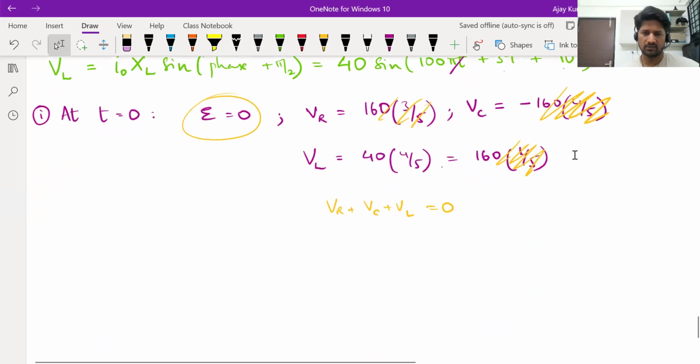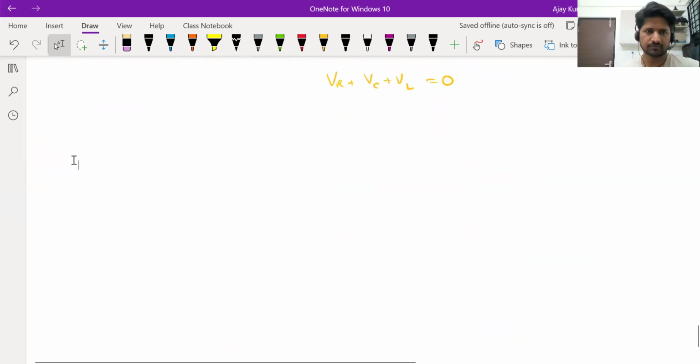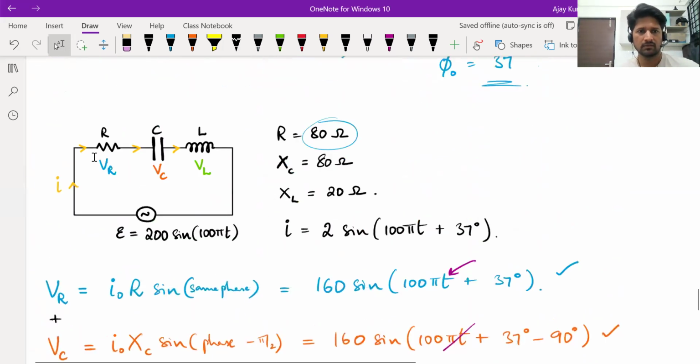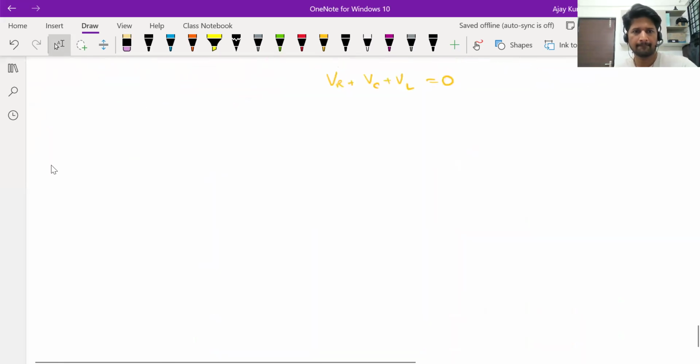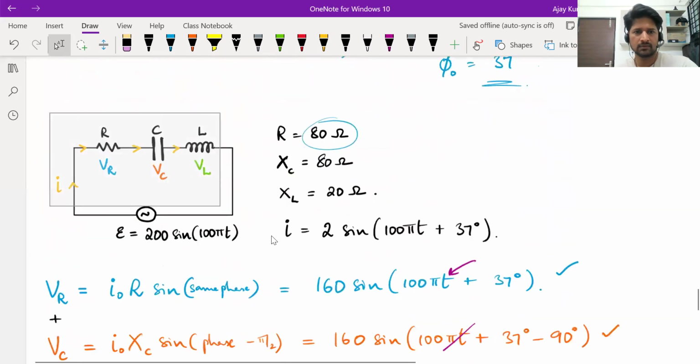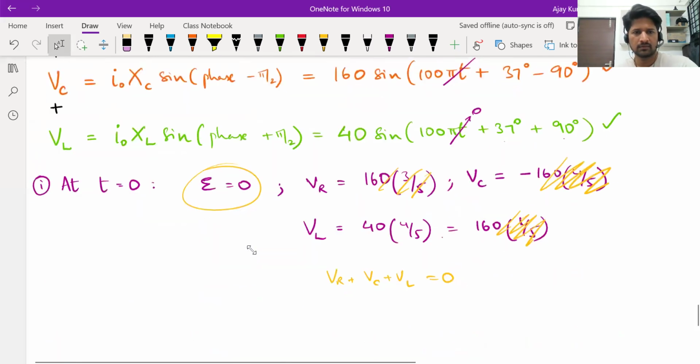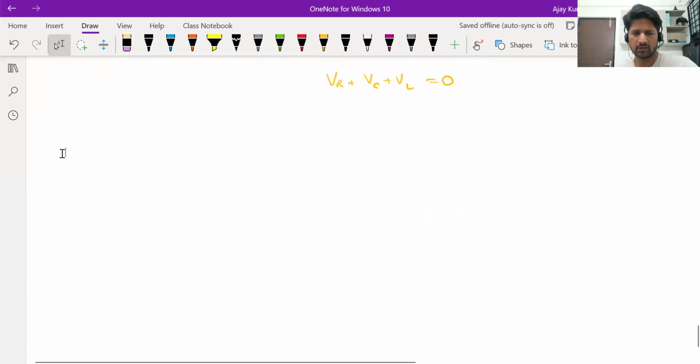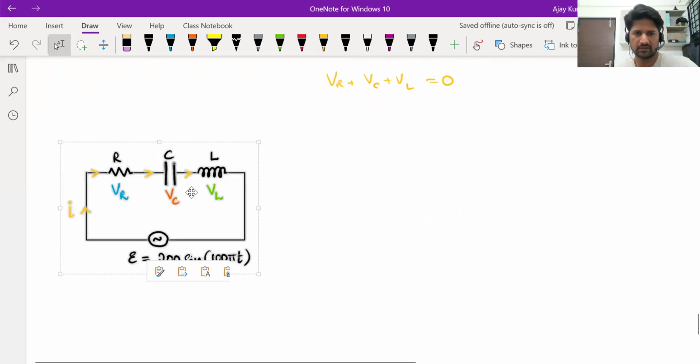So let us generalize all this. Try to follow this carefully. This is the most important part of LCR circuits.